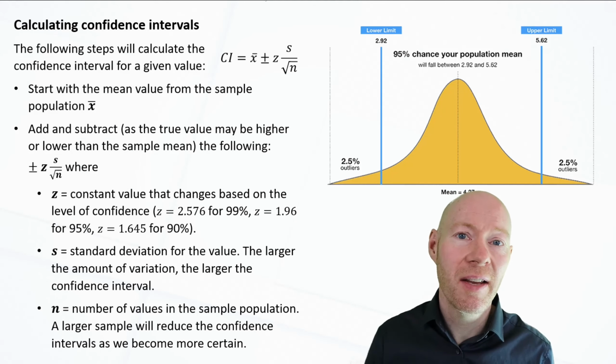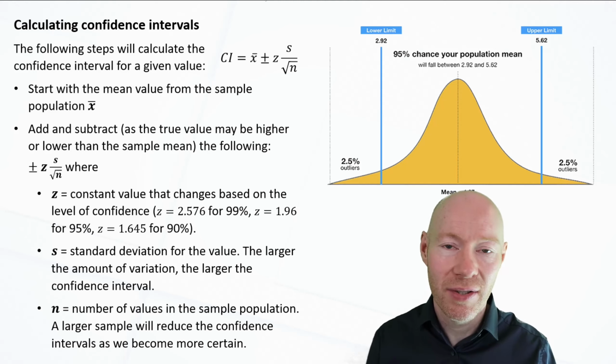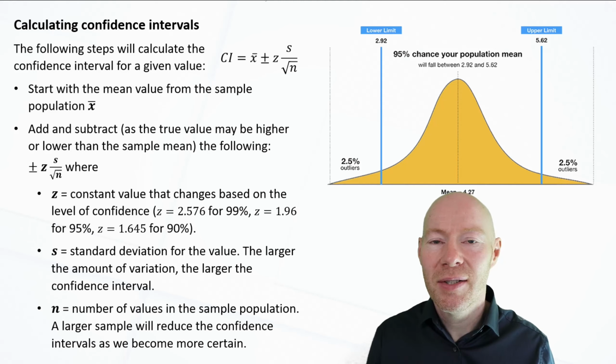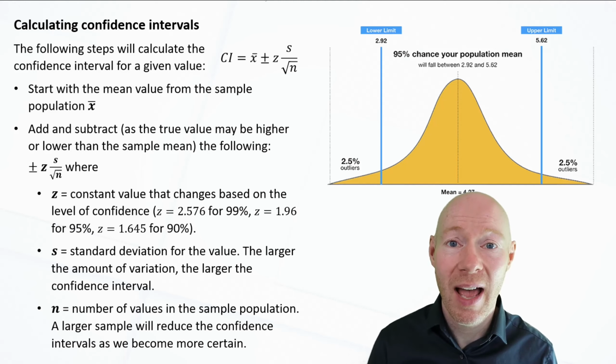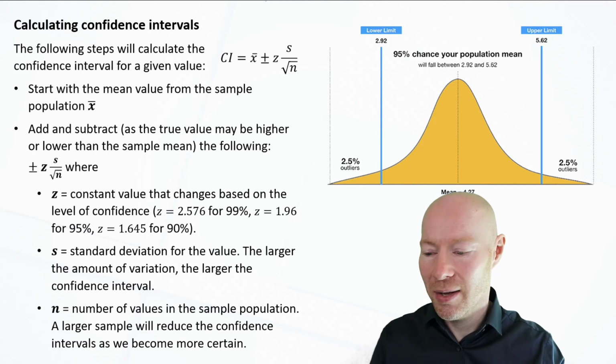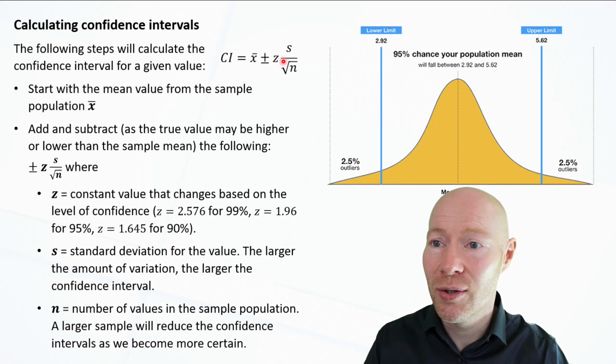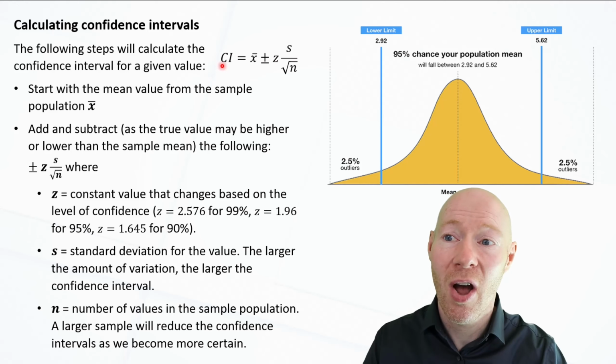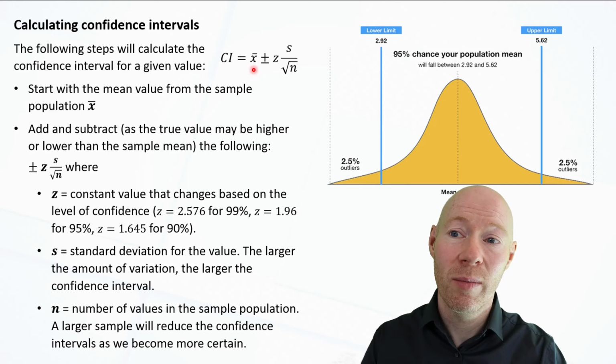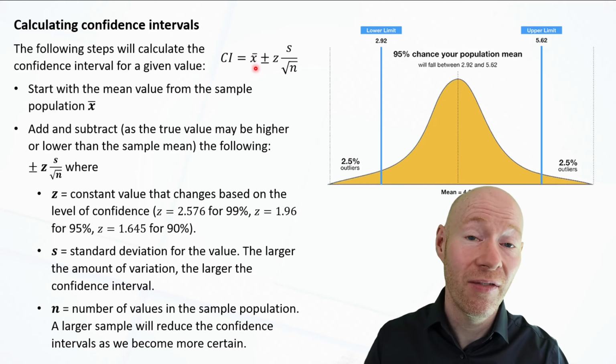How do we calculate a confidence interval? It's reasonably straightforward, and we're going to take you through the steps. You can see the actual equation on the screen. A confidence interval is equal to some mean value, and then we define the interval around this.